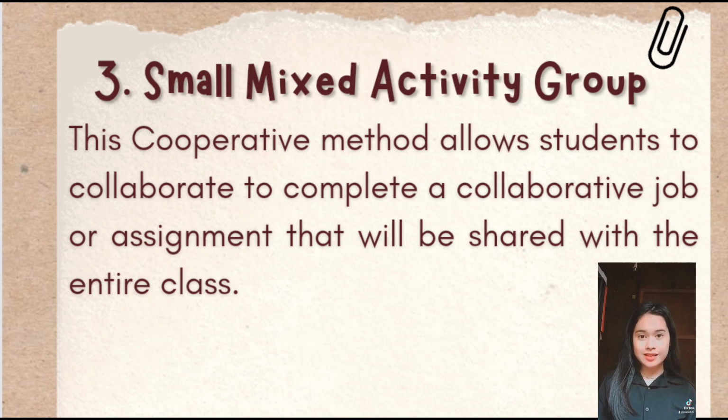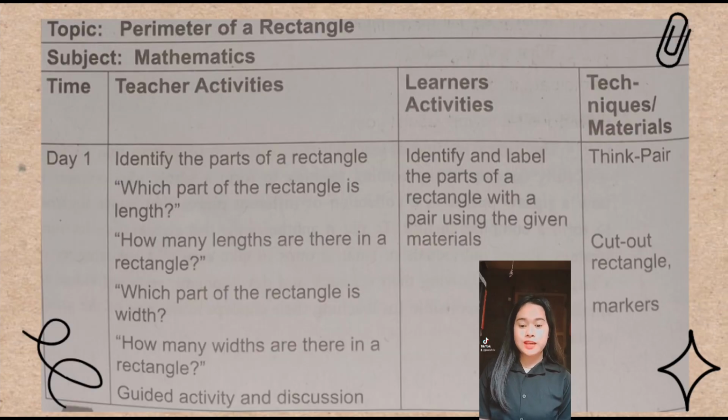And next is the instructor observes and assesses both individual and group performance. And lastly, students will reflect by journal writing on their interaction in the assigned group activity. So, what I explained is the basic steps in performing small mixed activity group.